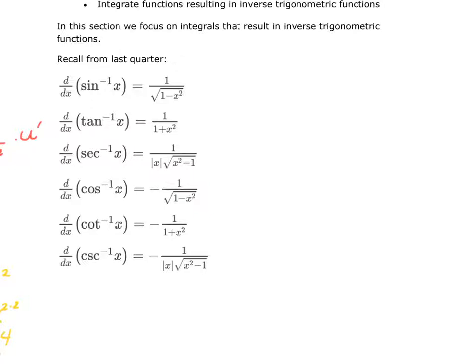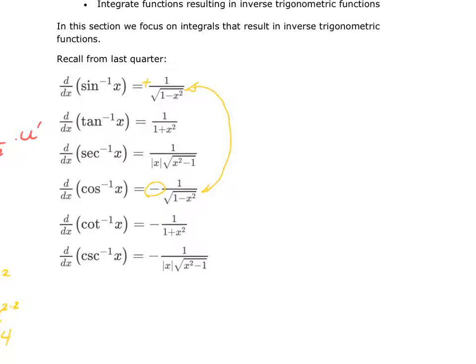So the derivatives of the inverses are just, you're chasing angles, basically. You're finding the angles that produce that. So you'll notice that for sine and cosine, the only difference between the two is a negative or a positive. So those two are pretty much the same thing. One's positive and one is negative.